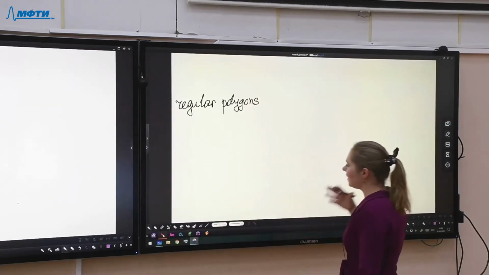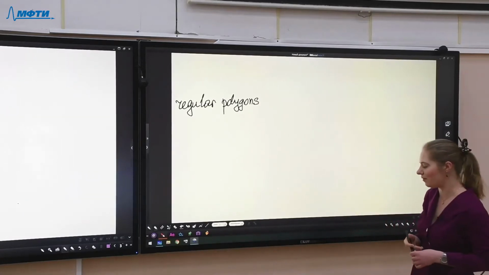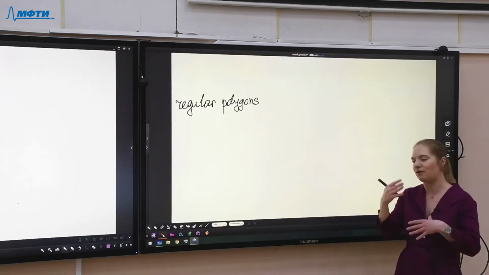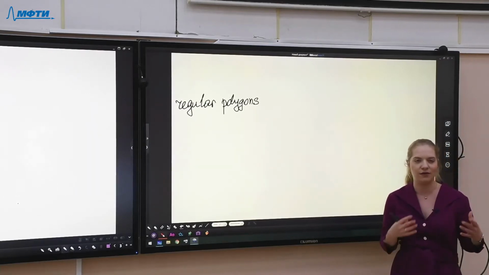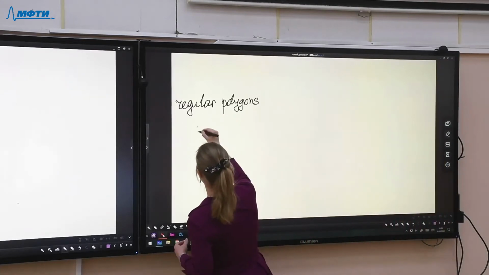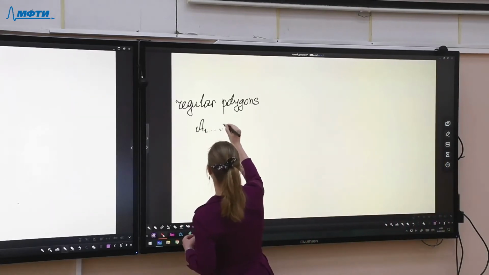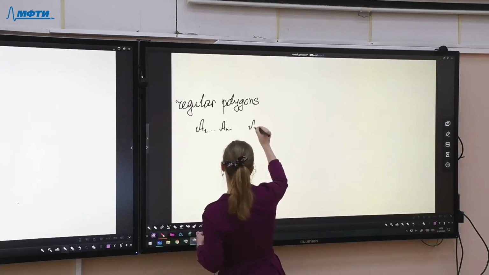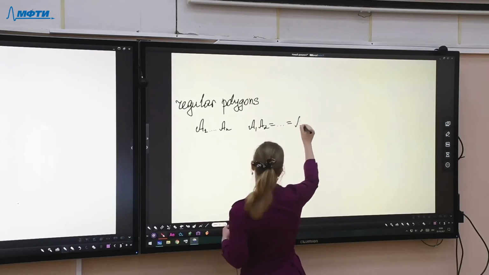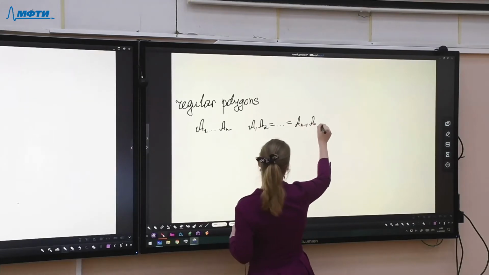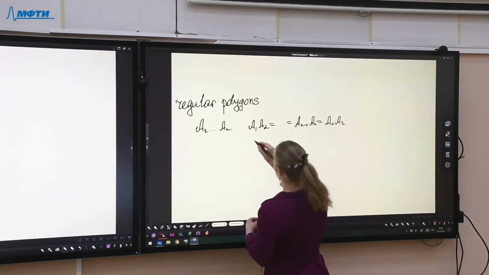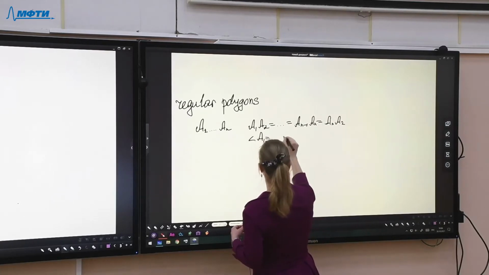They can have any number of sides and angles. They are regular if all the sides are congruent and all the angles are congruent. So, for example, we have A1, and so on, AN, and we know that A1A2 is equal to, and so on, AN-1AN, which equals ANA1, and all the angles are also congruent.